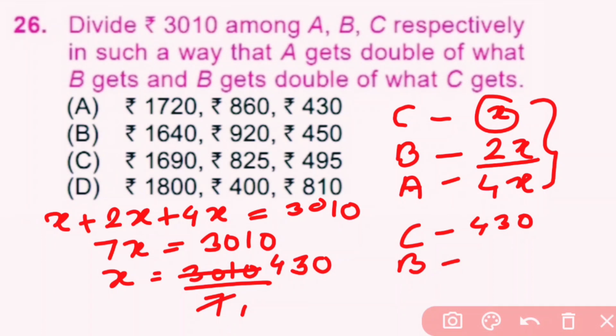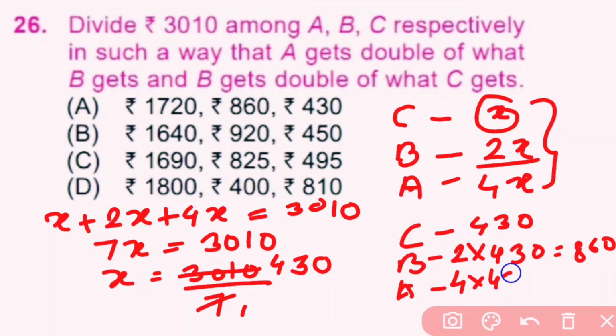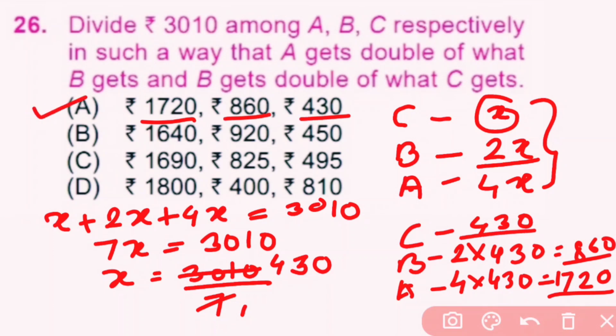B gets 2X, means 2 into 430 is equal to 860, and A gets 4 into 430, means 1720. Means here A is 1720, B is 860 and C is 430, means here A is the correct answer.